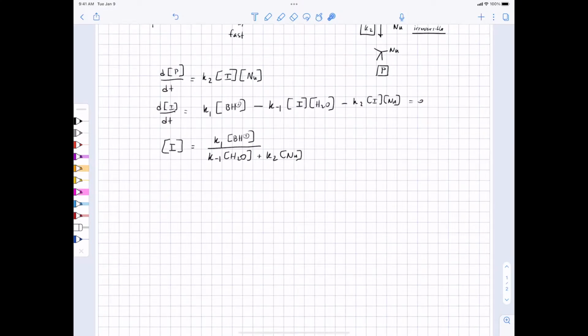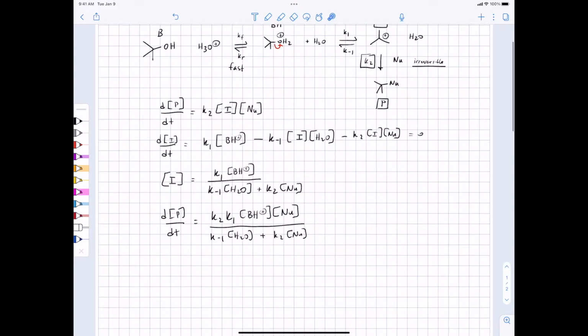Before we do that, I'll just write the rate law by substituting in that intermediate concentration into our rate expression. k2 times k1 times BH plus times nucleophile concentration divided by k minus 1 times water plus k2 times the nucleophile concentration.